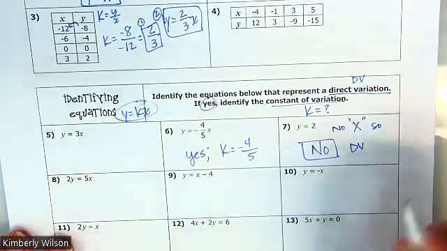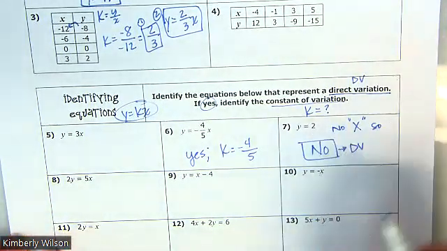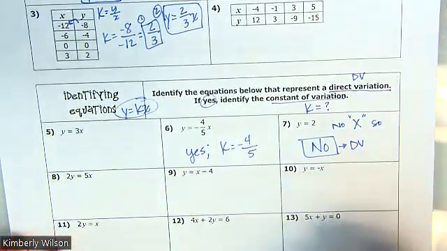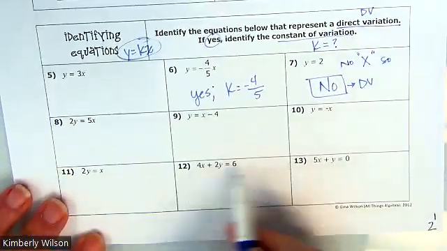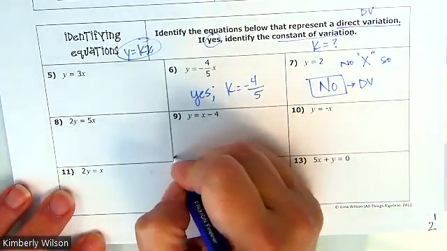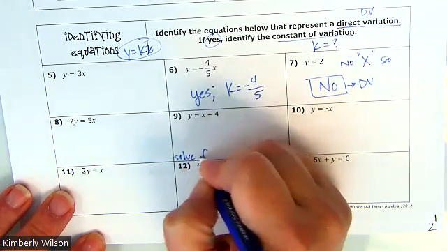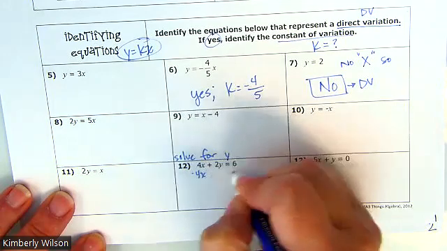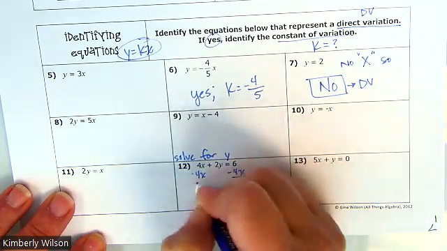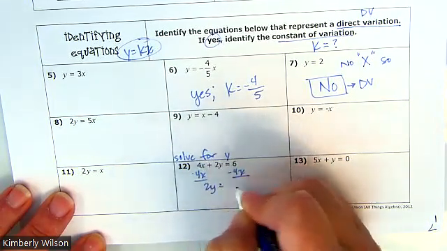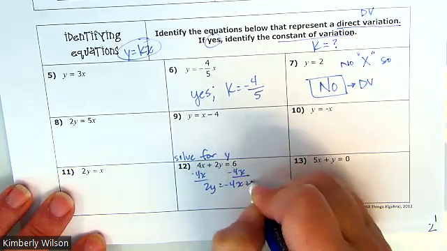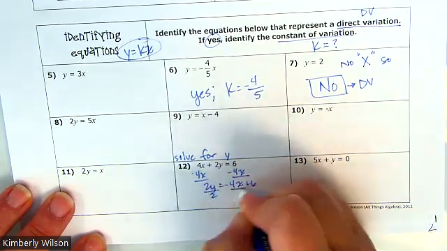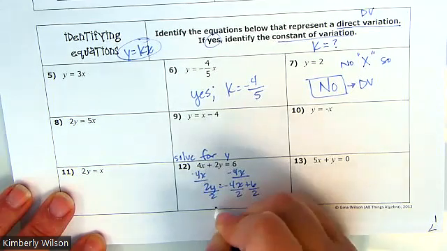DV for direct variation. Jumping down, we're going to look at number 12. Well, you'll notice this does not look like it. So I have to solve for y. So subtract 4x, subtract 4x, and we have 2y equals -4x plus 6. Divide by 2 to everything.